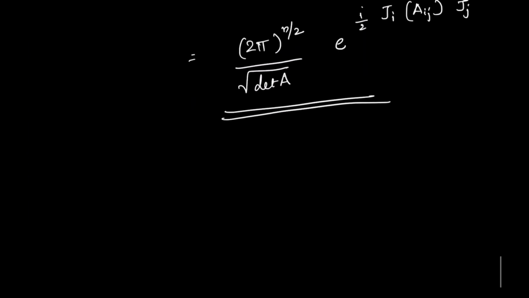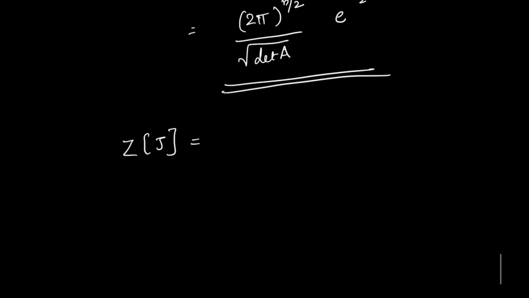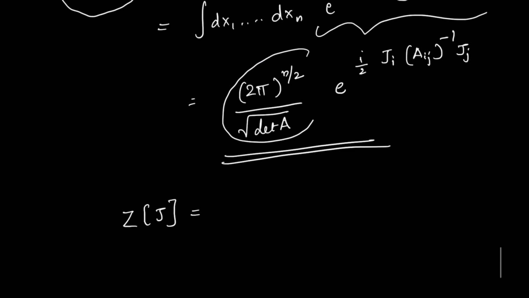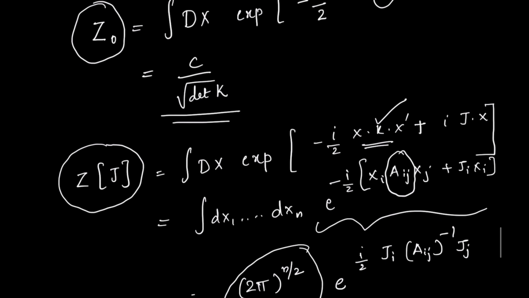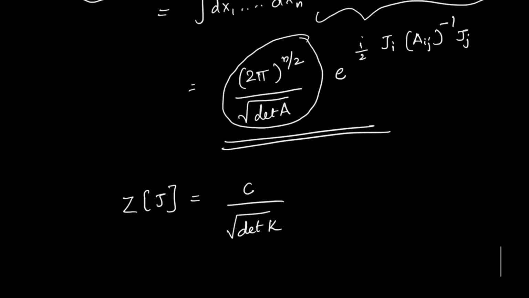I can write Z of J, right? So this term will be constant, C by root of determinant K, because A here is K. We have taken K as the matrix.